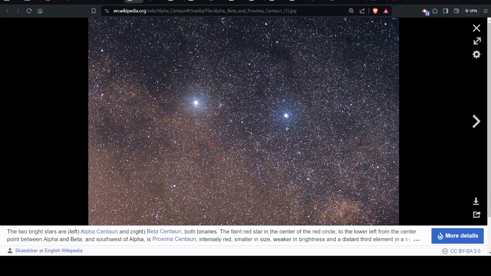These are both binary star systems. Circled in red is Proxima Centauri, that little one. So Proxima is the closest, Alpha Centauri is the brightest. And Alpha Centauri again is a solar-like star.